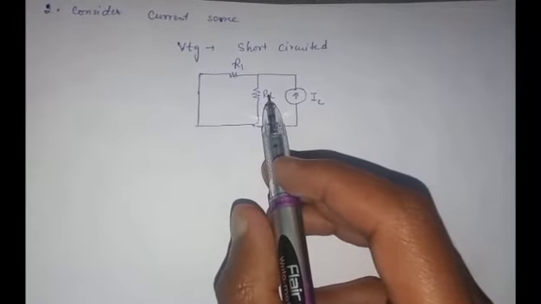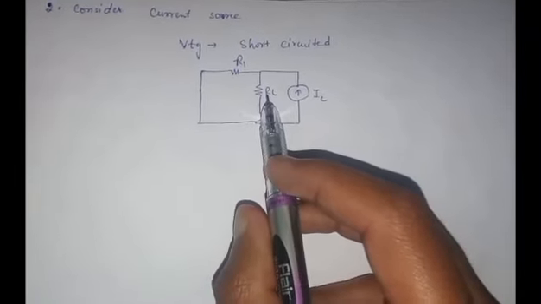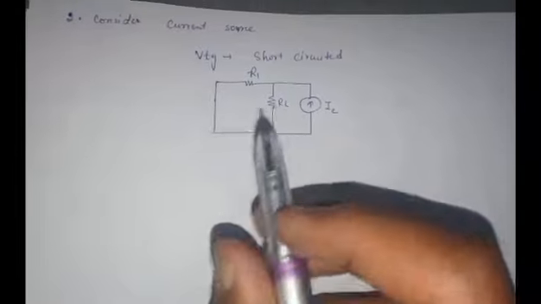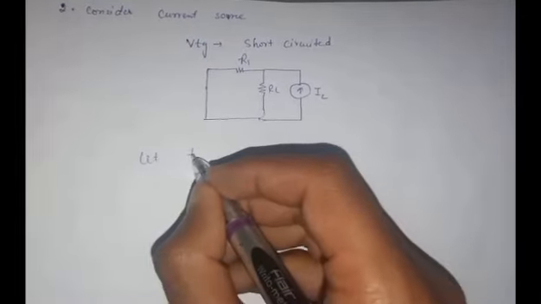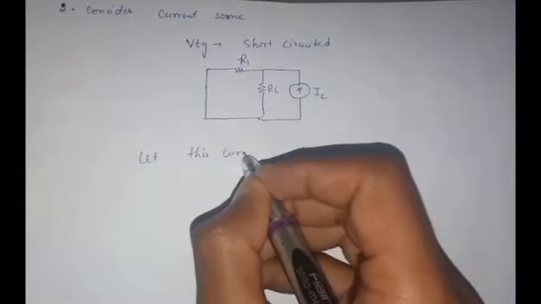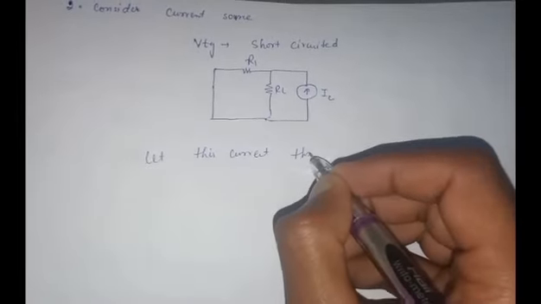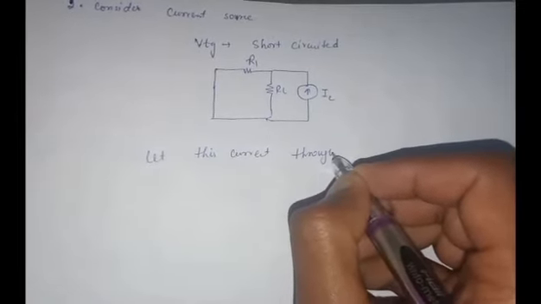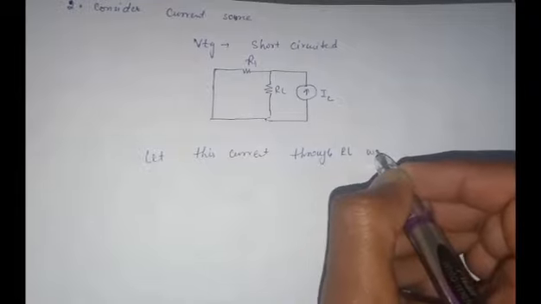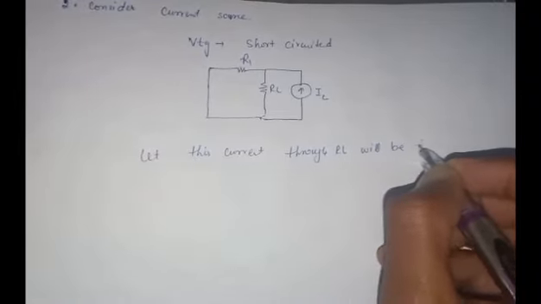Let the current through RL, when we consider the current source, be I2.